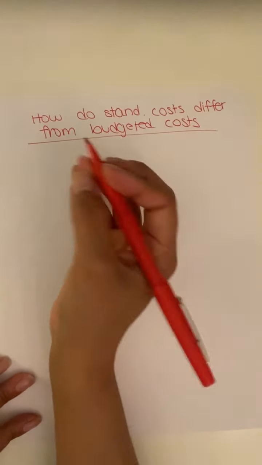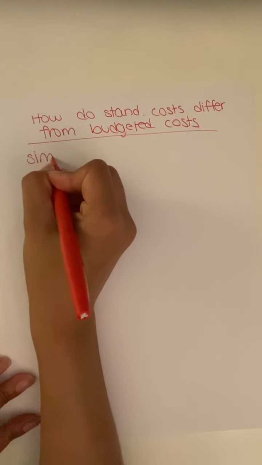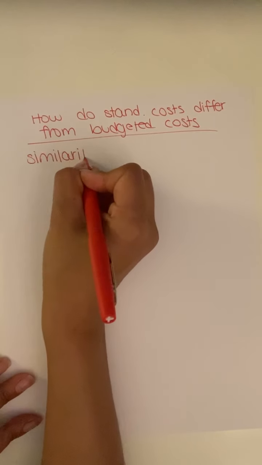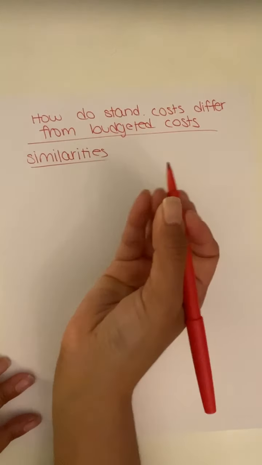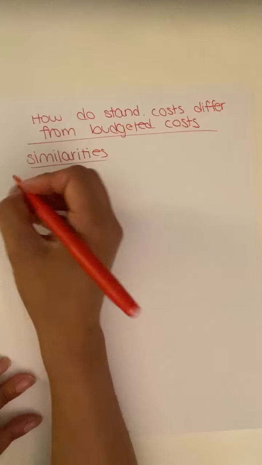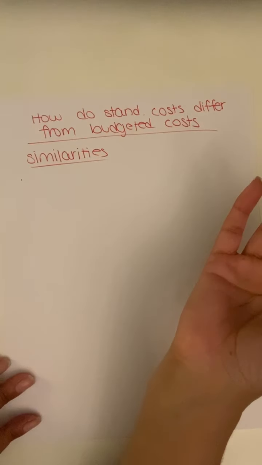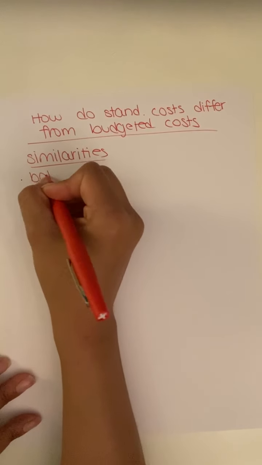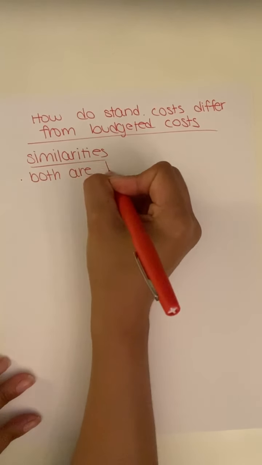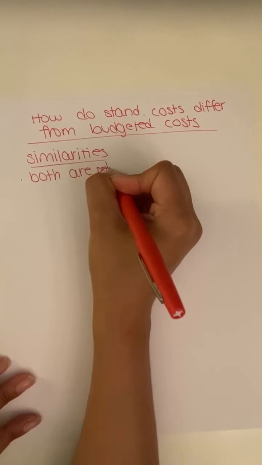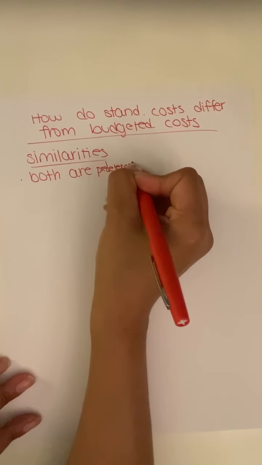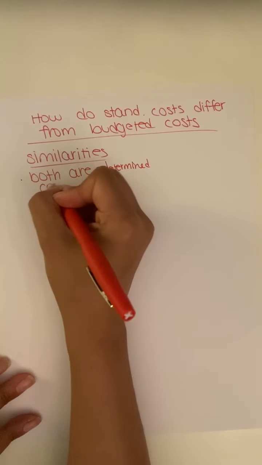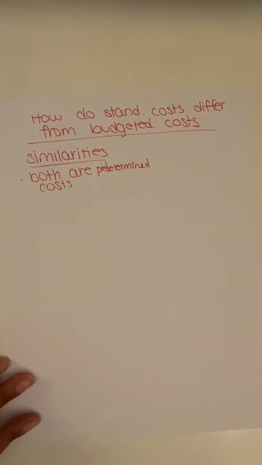Okay, so let's talk about the similarities. Okay, so they both are predetermined costs, right? We sit down and we estimate what these amounts will be with the information that we have, okay? So both are predetermined costs, okay?